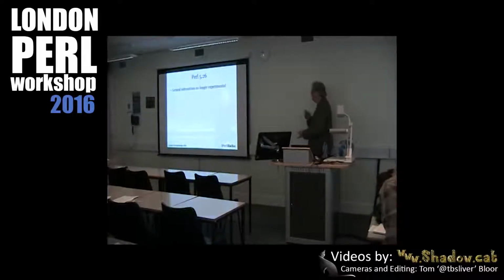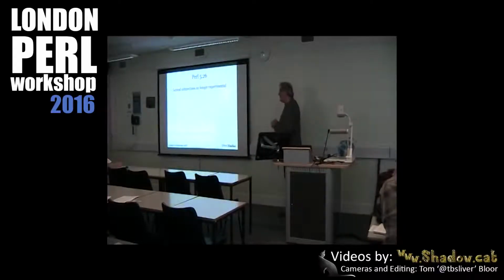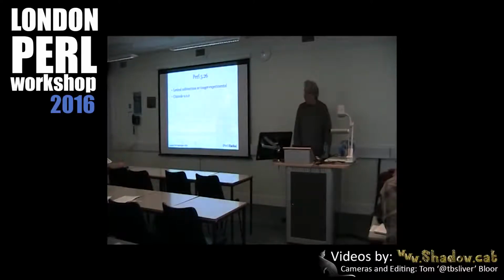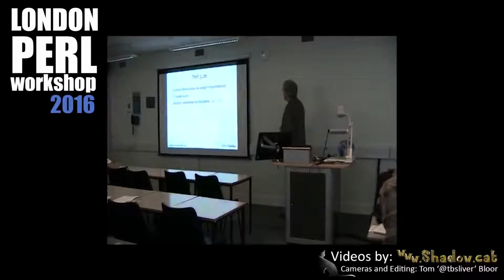So lexical subroutines will lose their experimental status. It means that they've gone through no changes for 2 versions, and no one's complained, so that's good. It will have Unicode 9, and you'll be able to declare references to variables like that. Right?